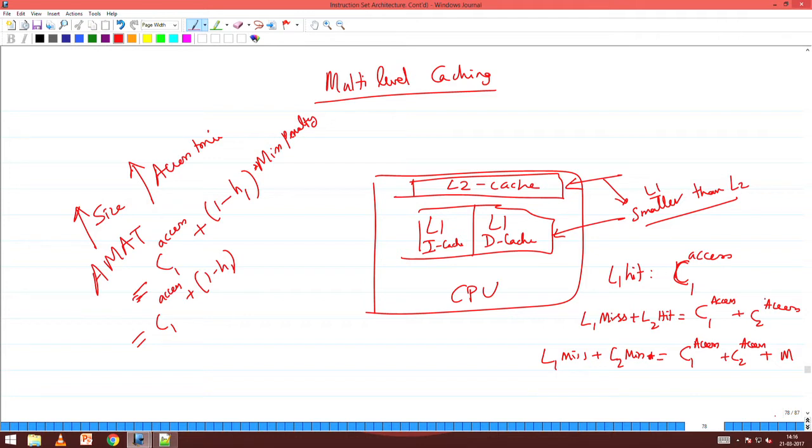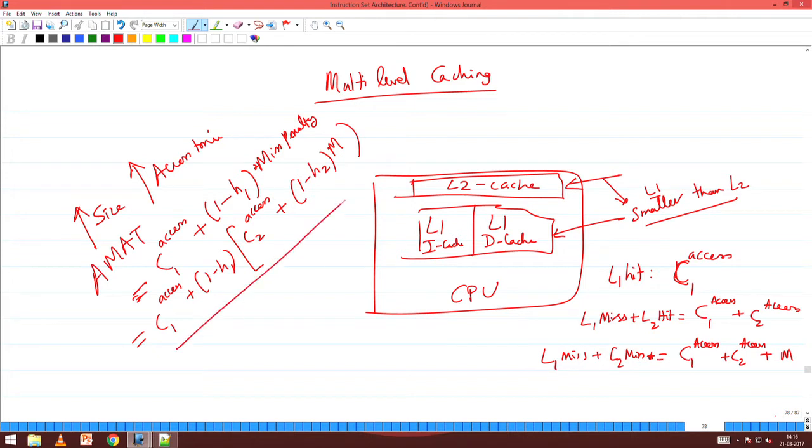Miss penalty is the average access time for C2, right. So that will be C2 access plus 1 minus H2, the hit ratio at level 2, into, and what is that miss penalty? Memory access. That miss penalty of the level 2 cache will be the memory access, okay.